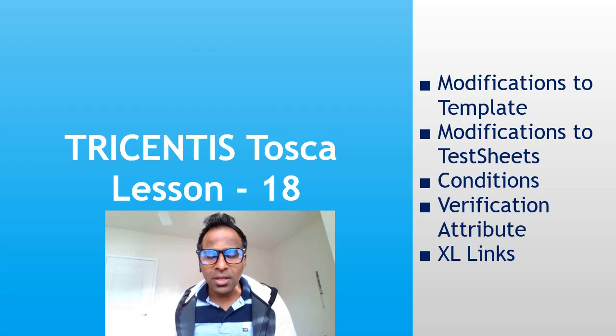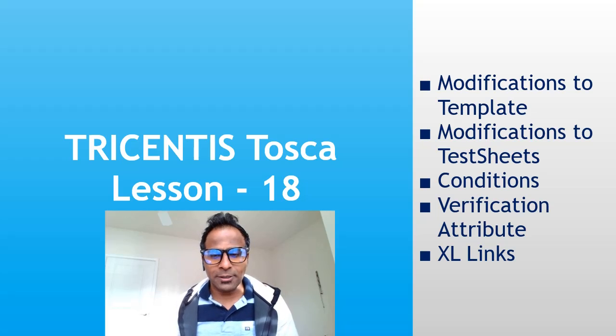But in this session, I'm going to introduce another attribute called verification attribute. So how can we use a verification attribute in the test sheets so that you can link this verification attribute to the template. And also I'm going to teach you about Excel links.